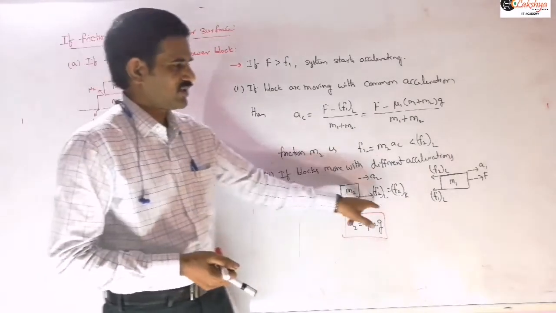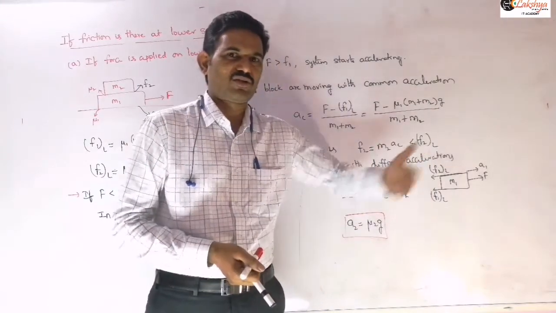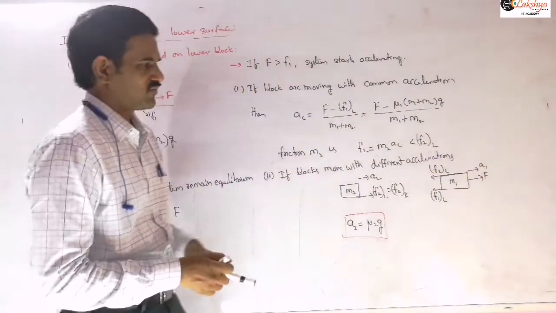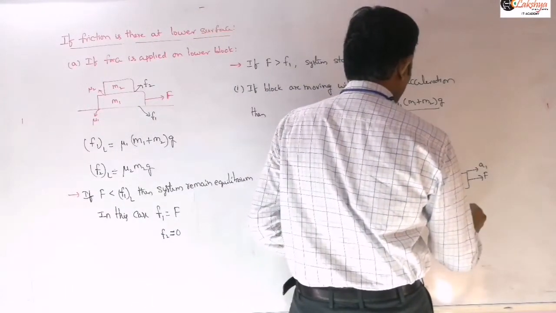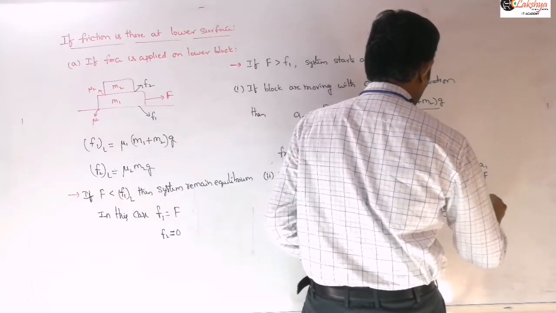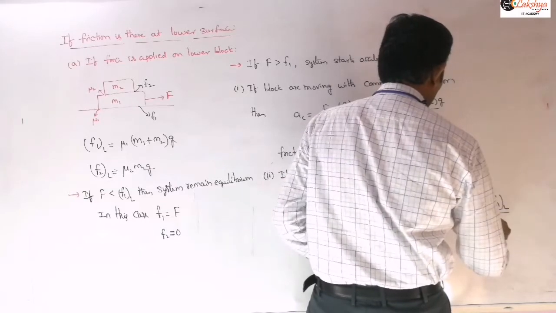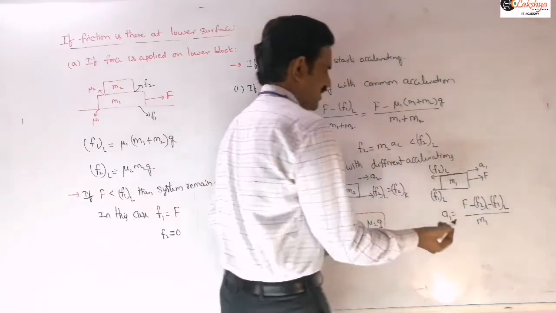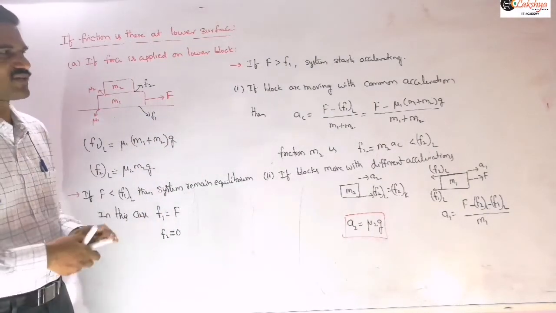For this F2, the direction will be opposite, because the body is moving on the lower surface, so the frictional force will be in the backward direction. So now I am writing A1 as F minus F2 limiting minus F1 limiting, divided by M1. These two values will be different if both are moving with different accelerations.